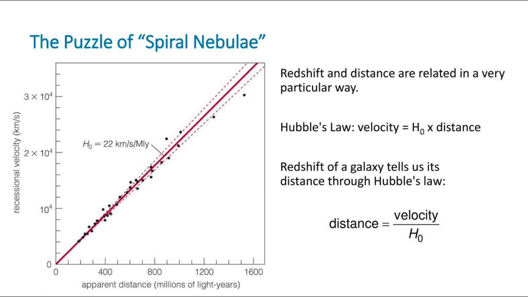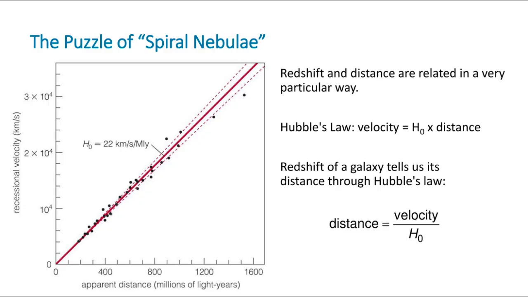And so this is another way that you can measure something's distance. So if I know the velocity that something is moving away from me, some distant galaxy, and if this is really a constant value, then if I take the velocity and divide it by this constant value, I'll get a distance out.